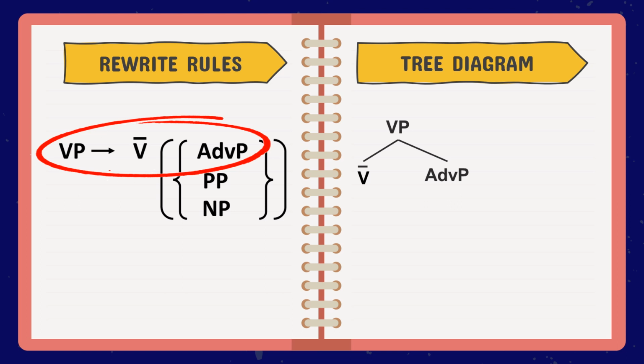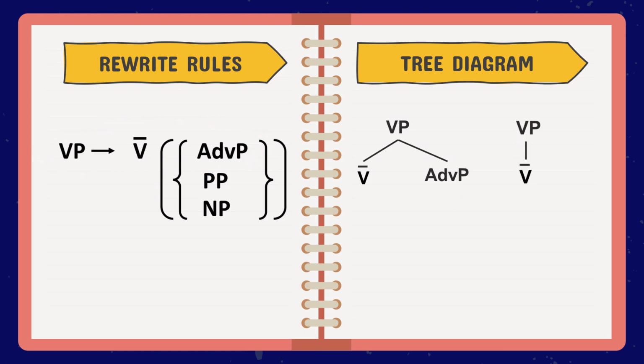We can also have a VP that consists of V-bar, which is obligatory. We can also have VP that consists of V-bar and prepositional phrase. Lastly, we have VP that consists of V-bar and noun phrase.